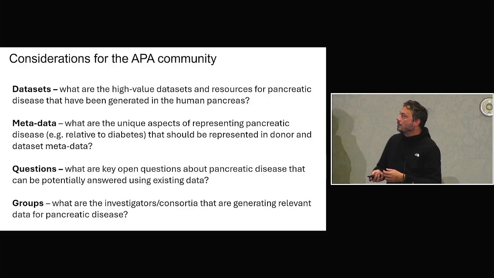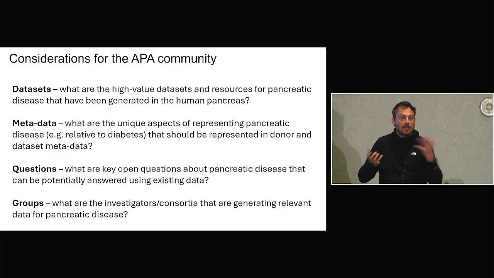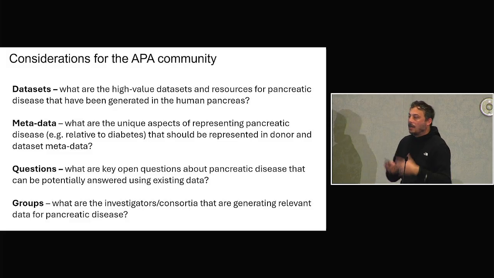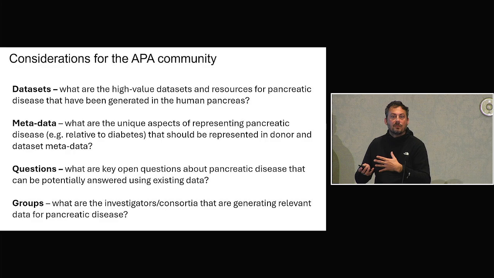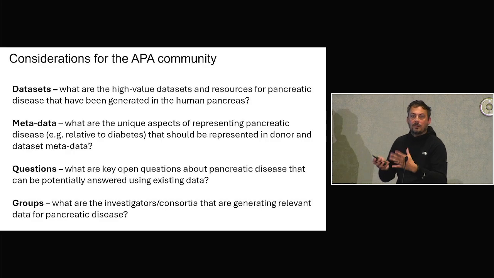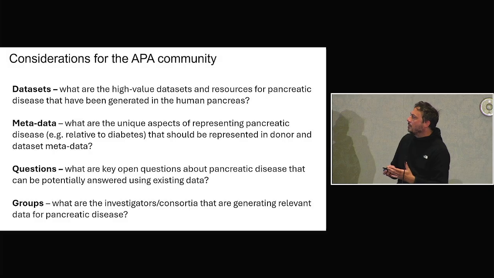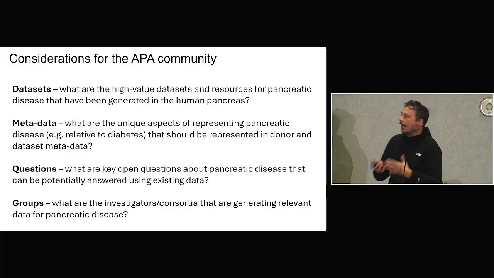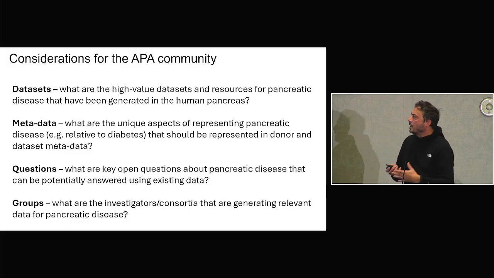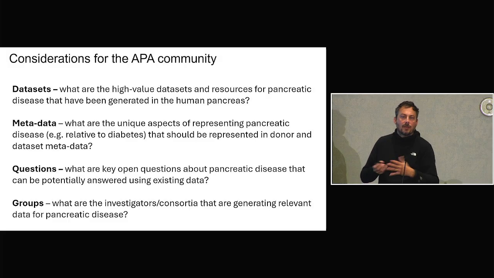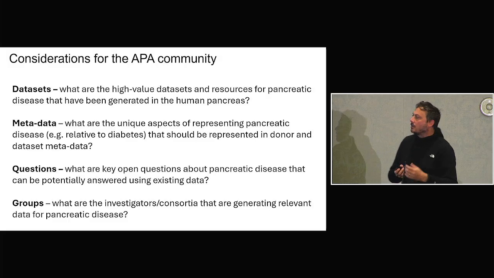So lastly, I have just some considerations for the community here, for APA, and how we might work together in terms of building a platform that not just covers diabetes, but also pancreatitis and pancreatic cancer and other relevant diseases of the pancreas. So things to think through are: what are the high-value data sets and resources for pancreatic disease that have been generated in the human pancreas that can be aggregated in this platform?